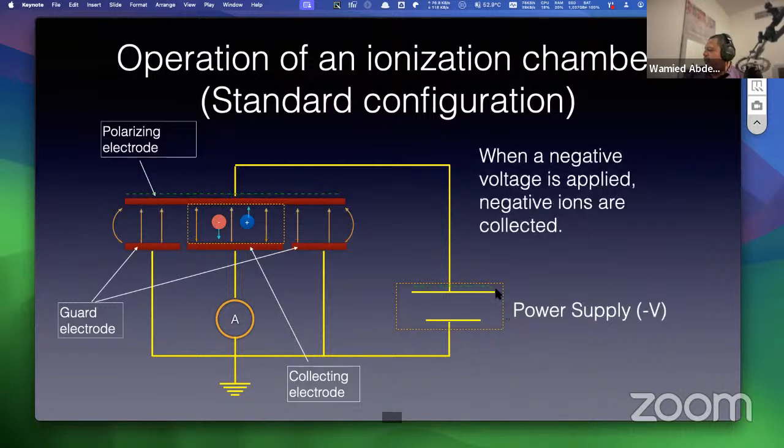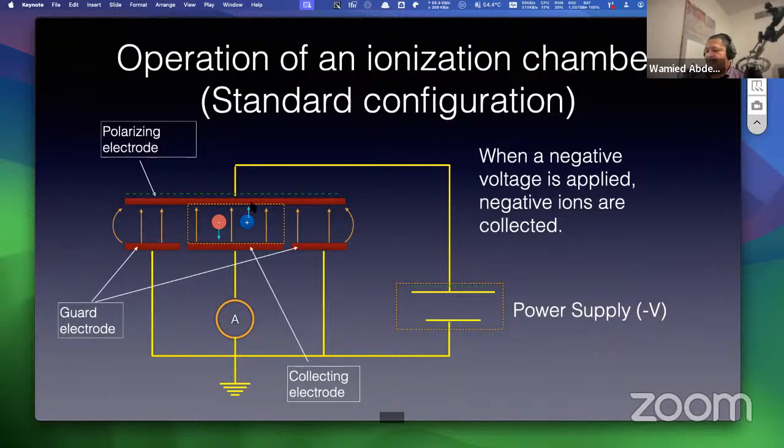If we reverse the polarity of the chamber, again using the standard configuration, so this is negatively polarized, we have a negative voltage here. What's going to happen is that the negative ions are now going to land on this electrode, and the signal that we're going to register by the chamber is going to be the negative charges.